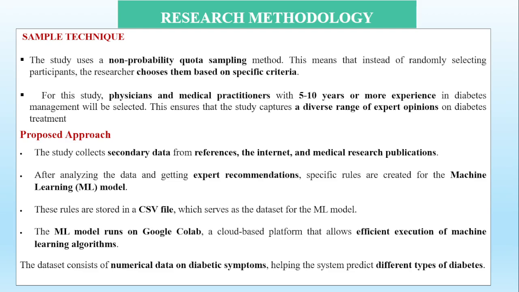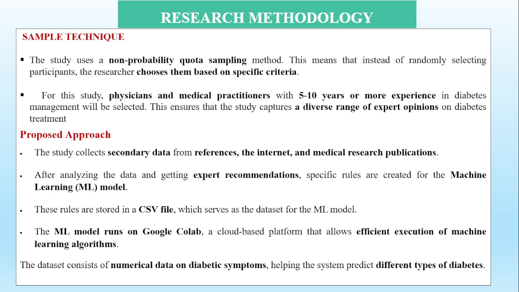Now, the proposed approach. What is the proposed approach? The study collects secondary data from references, the internet and medical researchers' publications. After analyzing the data and getting expert recommendations, specific rules are created for the machine learning model.